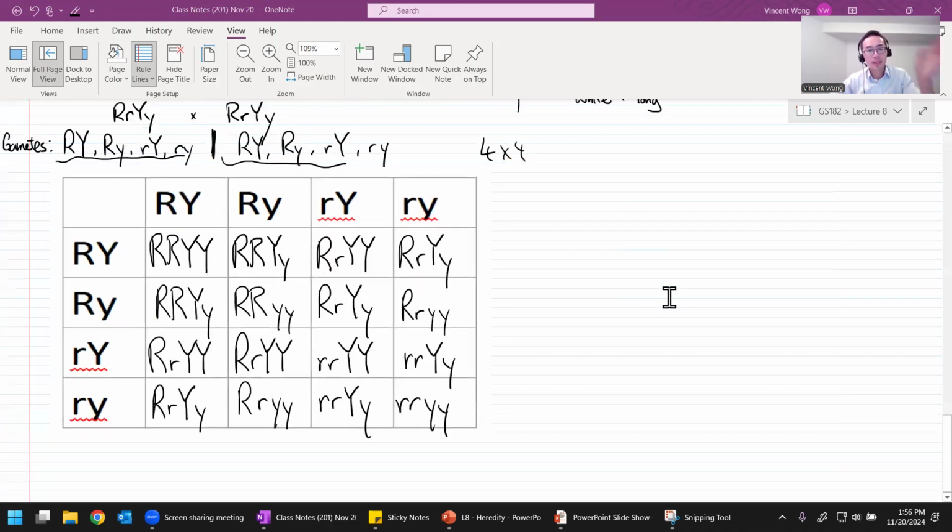Okay, now this one is too complicated to do the genotype, so we're just gonna go right ahead and do the phenotype.